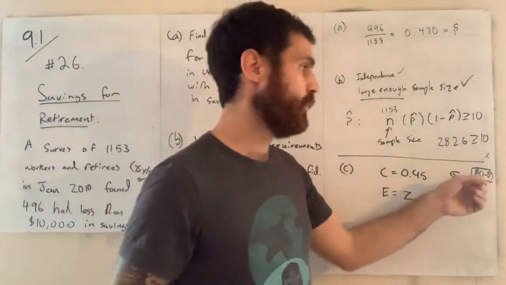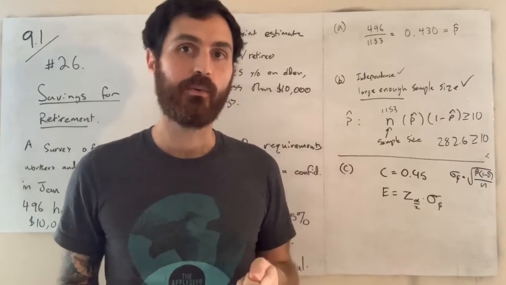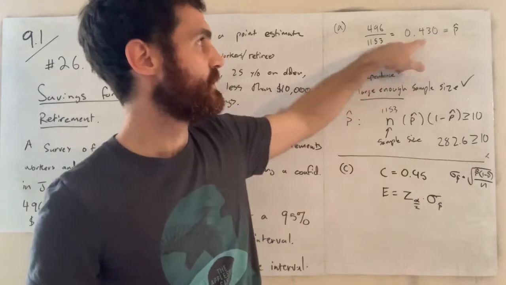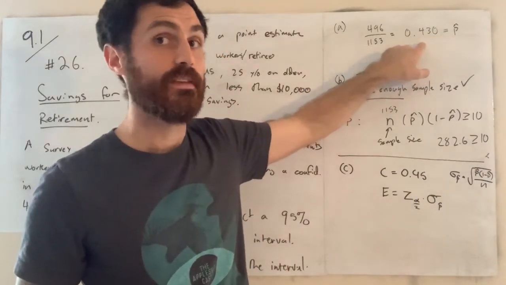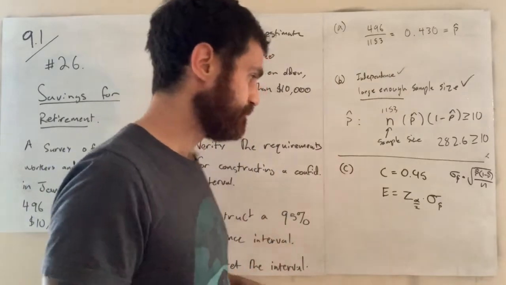And you might be thinking, well, why are we using p hat? Why aren't we using the actual parameter? Remember, we don't know what the actual parameter is. So this guess for a parameter is the best that we can come up with.